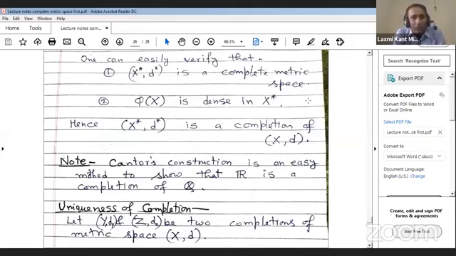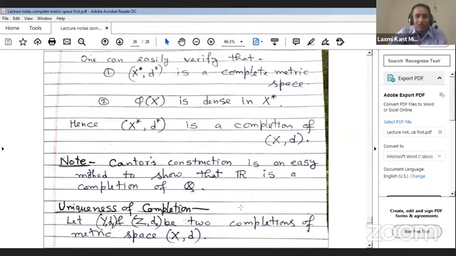We have omitted many things to verify, so you have to verify them. Now this construction, Cantor's construction, is an easy method to show that R is a completion of the set of rational numbers Q. That means from Q we can construct R using Cantor's construction.